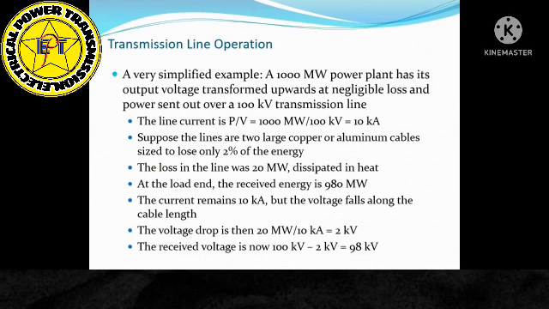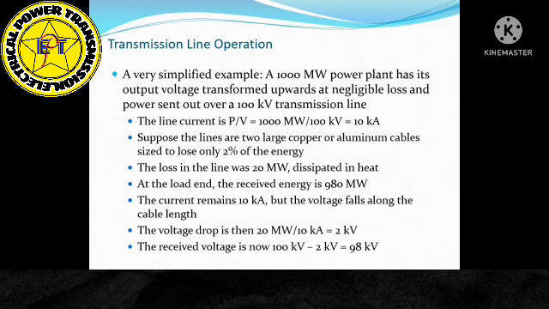Whether you are using copper or aluminum, 2% of the total power is lost. So we are actually going to transmit 1000 megawatt, but 2% is lost. The 2% of 1000 is 20 megawatt. This is lost in the form of heat.